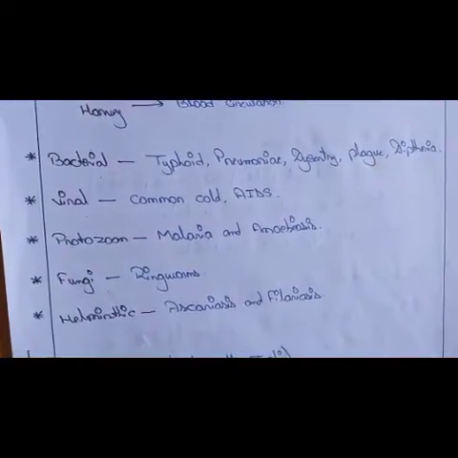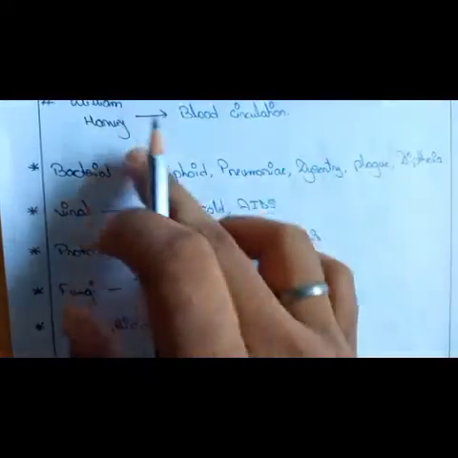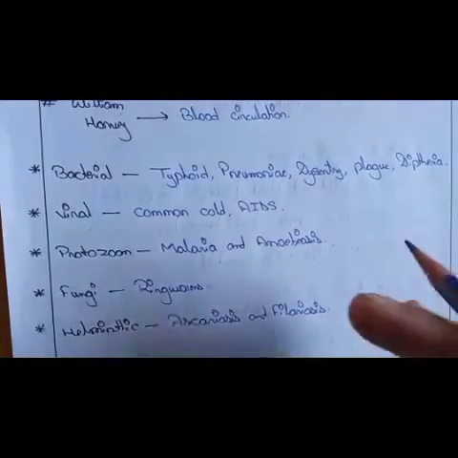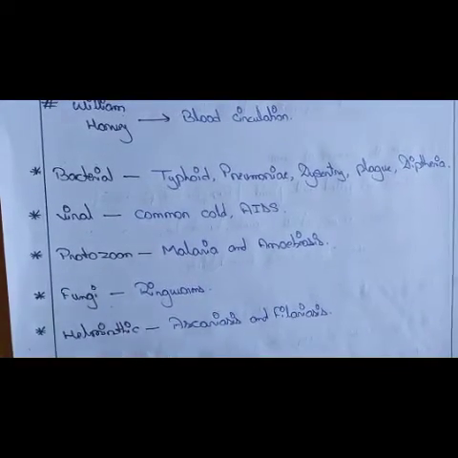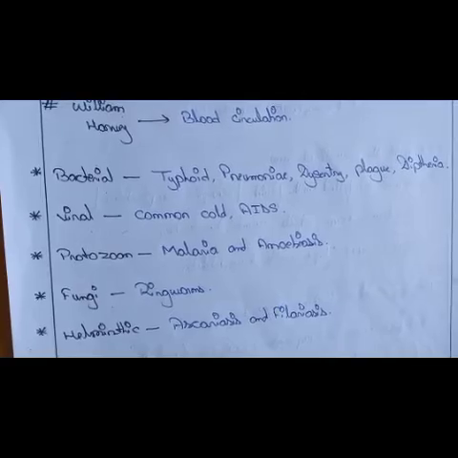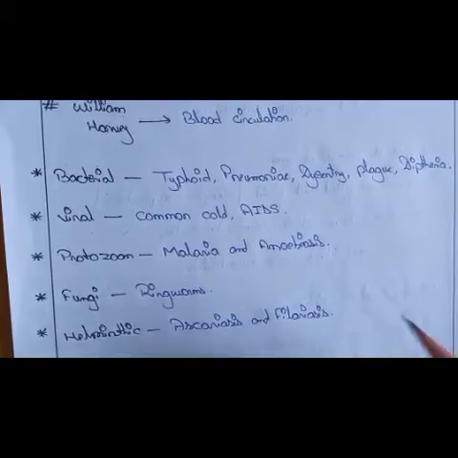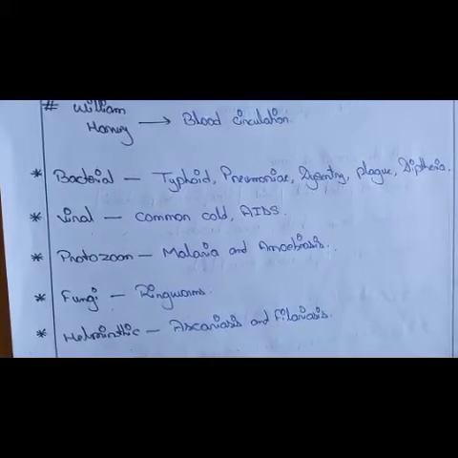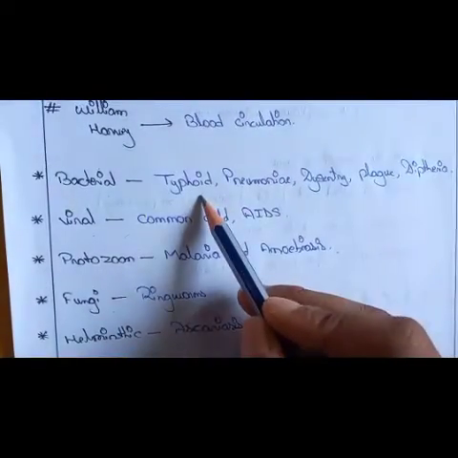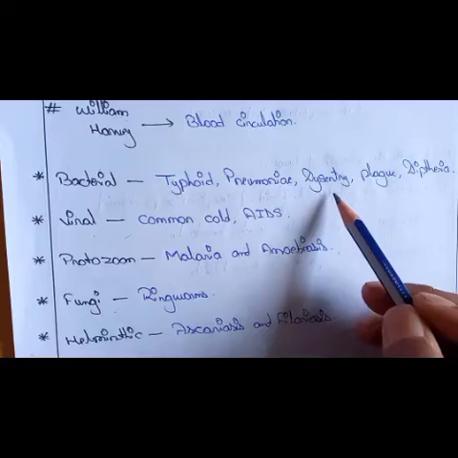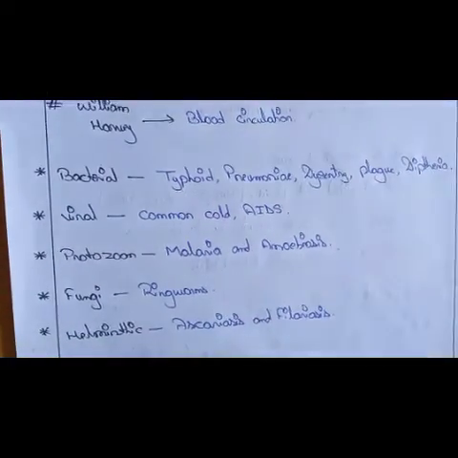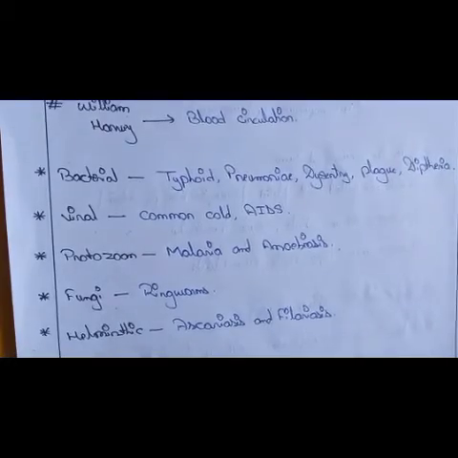Okay, so bacterial and viral diseases, protozoan, fungal and helminthic. By bacteria, the kinds of diseases spread are typhoid, pneumonia, dysentery, plague and diphtheria, which are the main topics from the point of view of NEET.